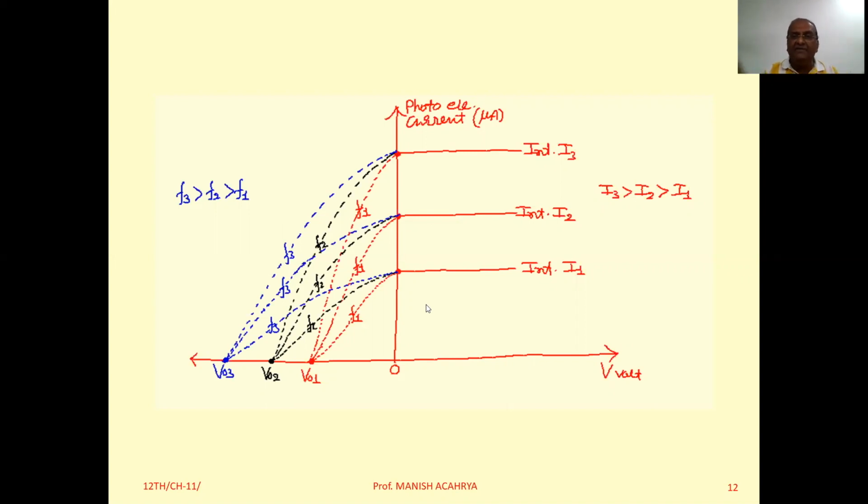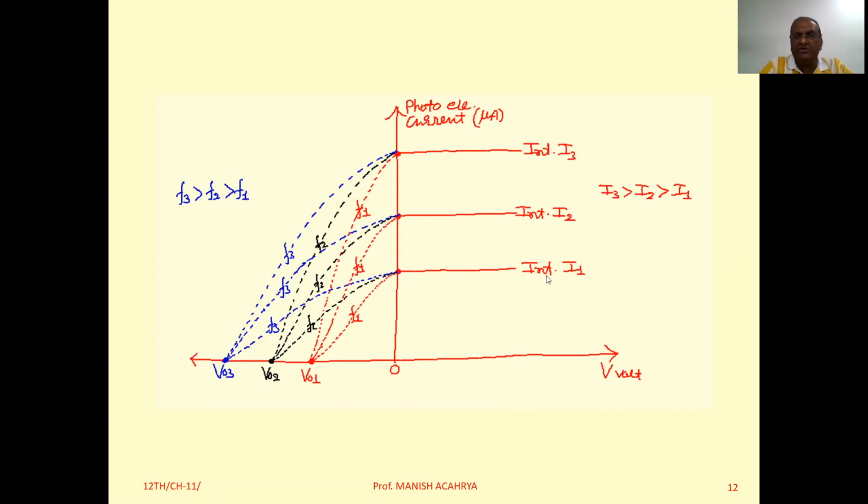Then by applying different potential differences across these plates, the changes that take place in the photoelectric current were studied. Then in another set of experiments, they kept intensity constant and frequency was changed.